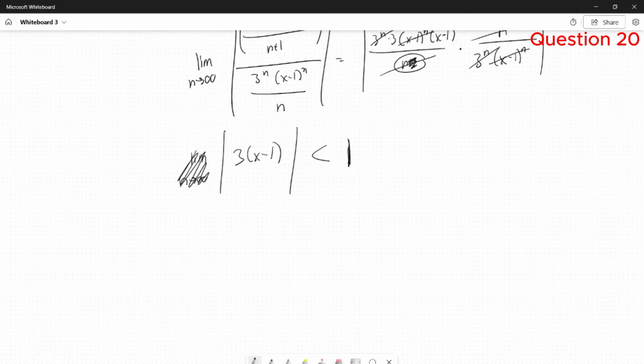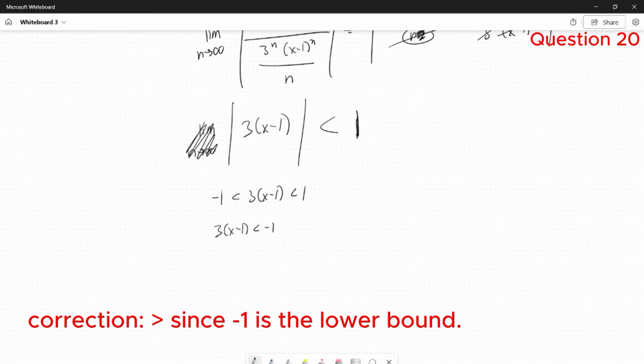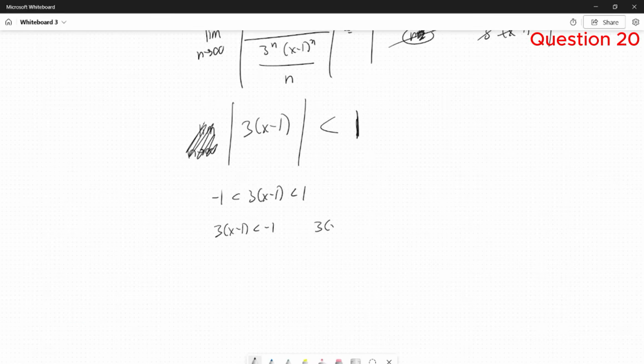The way we solve that is essentially saying -1 is less than 3 times (x minus 1), which is less than 1. We have two inequalities here. 3(x minus 1) is greater than -1, and 3(x minus 1) is less than 1.